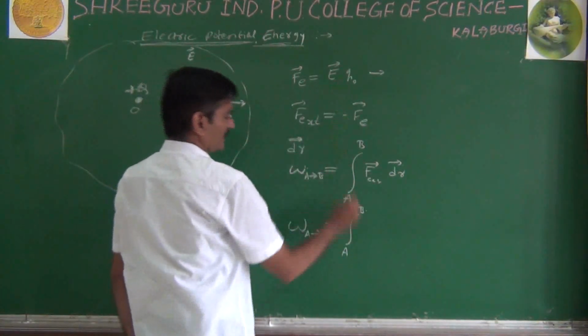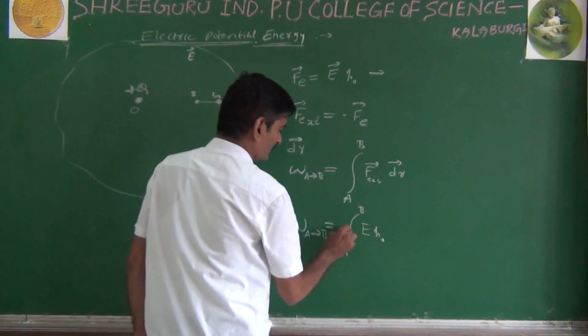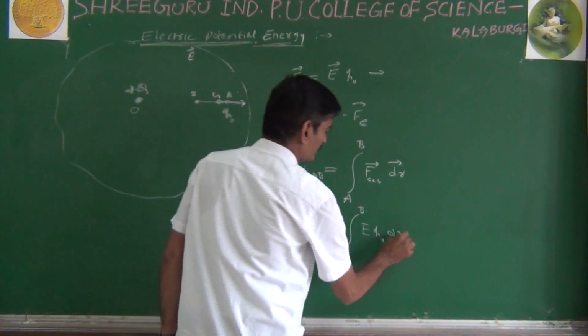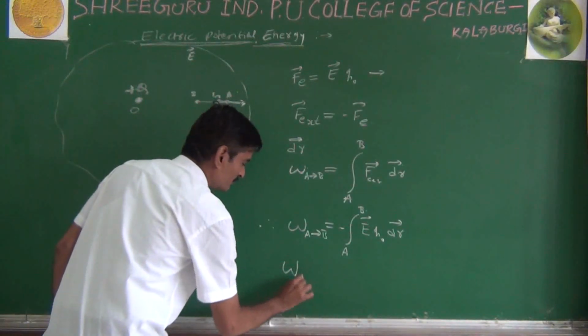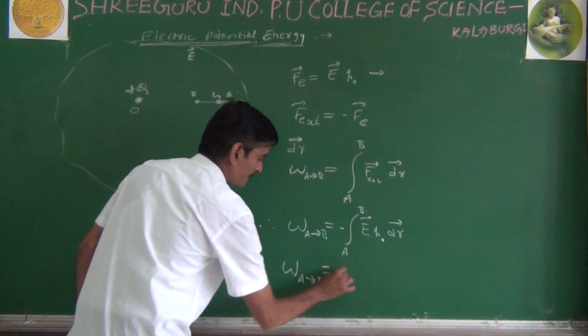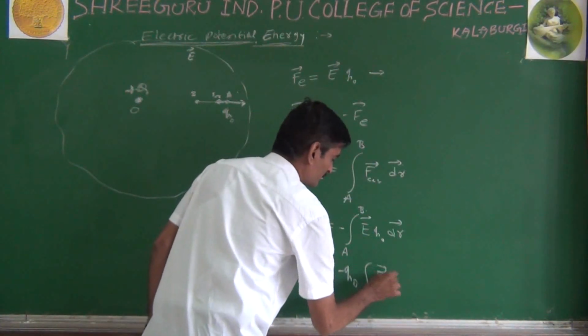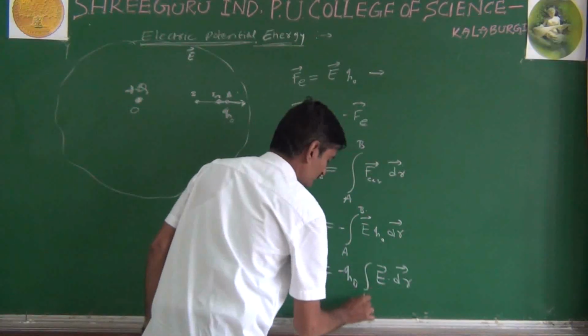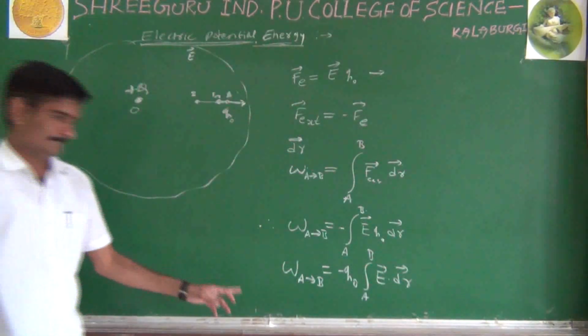Instead of that, you write E Q naught, minus with minus, so minus E Q naught dr. Write it like this, so Q naught is taken outside: minus Q naught integration of vector E dot dr from A to B. So this is the work done.